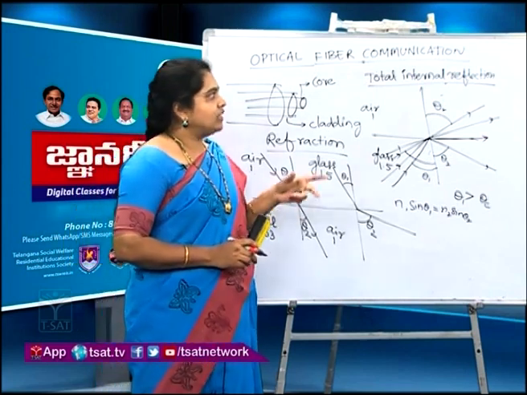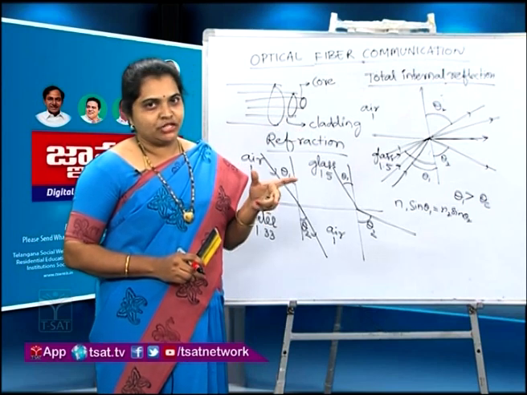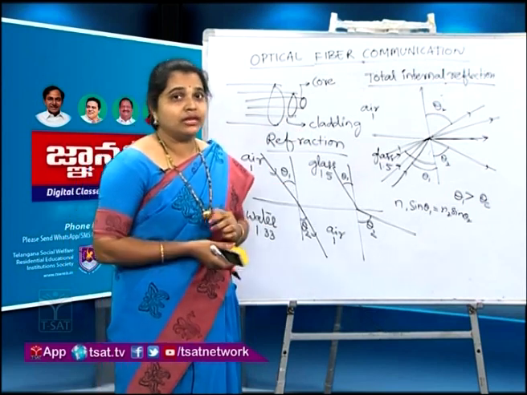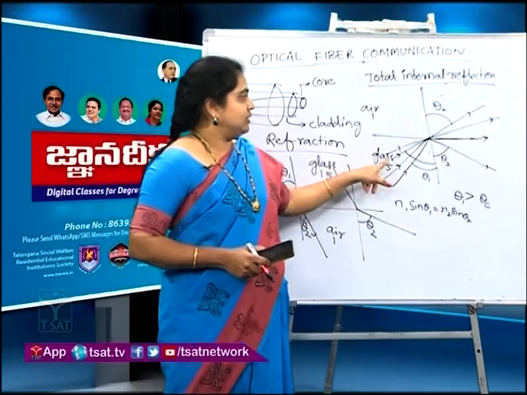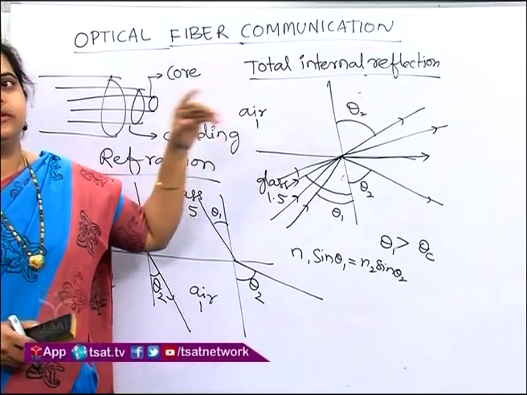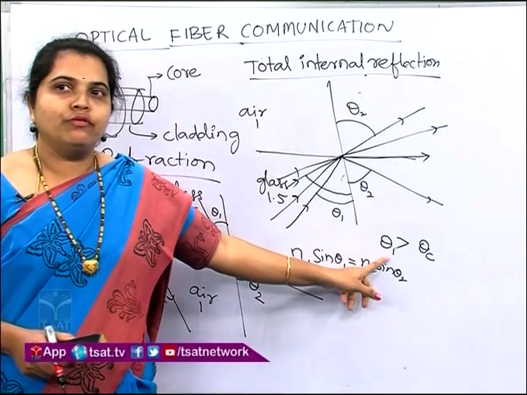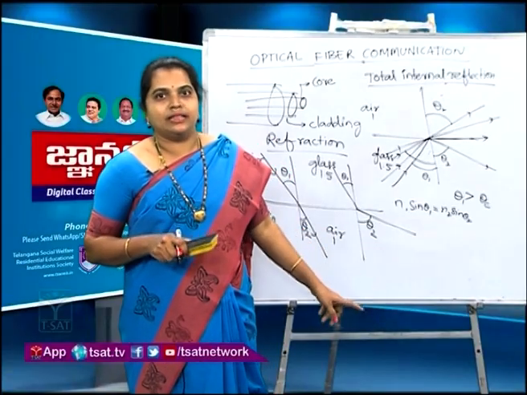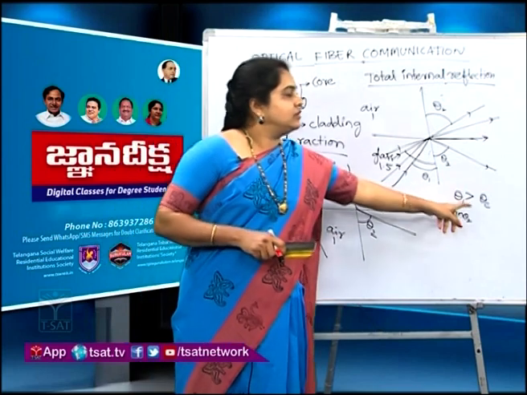To have total internal reflection, we have two conditions. What are the two conditions? One is that the light has to travel from a denser medium to a rarer medium. The second one is that the angle of incidence must be greater than the critical angle.